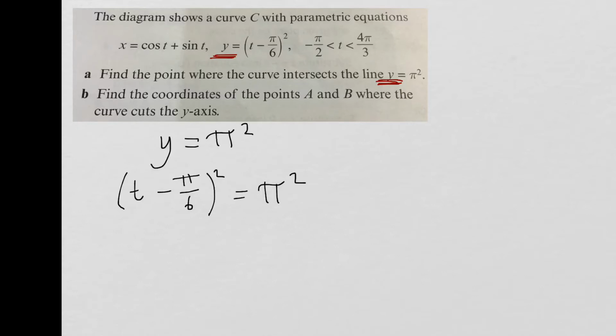If I start by taking the square root of these, I get the following expression: t minus pi over 6 is going to be equal to positive or negative pi.